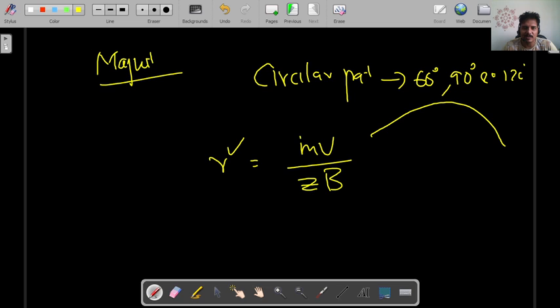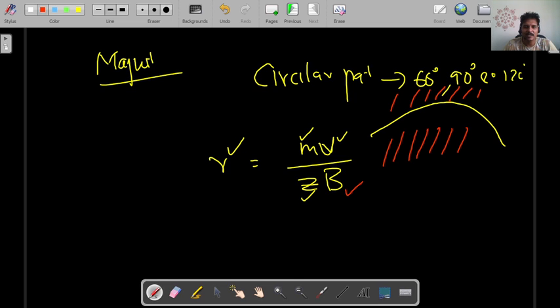It depends upon the mass, the velocity, small v, z is the charge, B is the applied magnetic field strength. You remember the magnet, on either side you have the magnet. So this magnetic field is going to influence its radius of curvature.